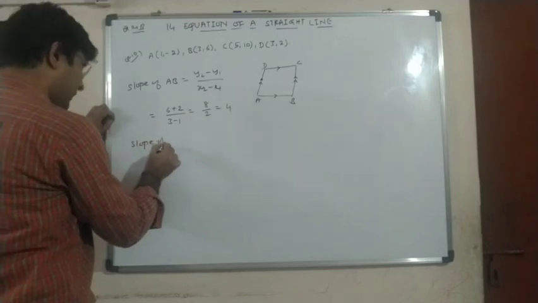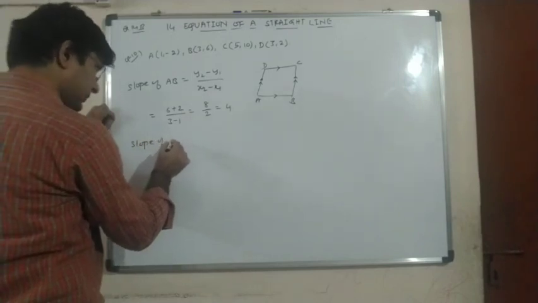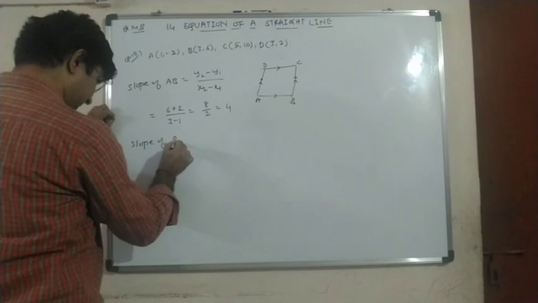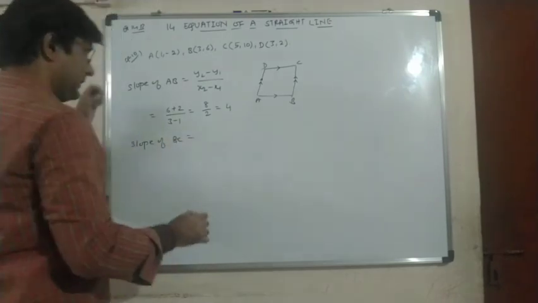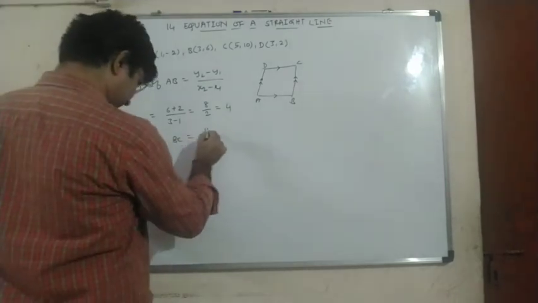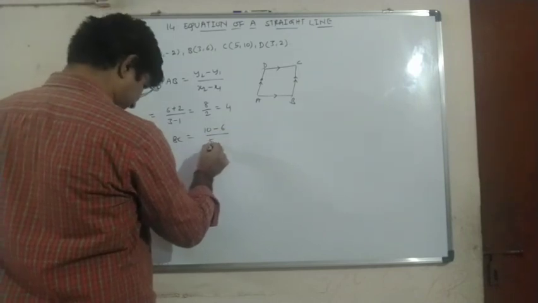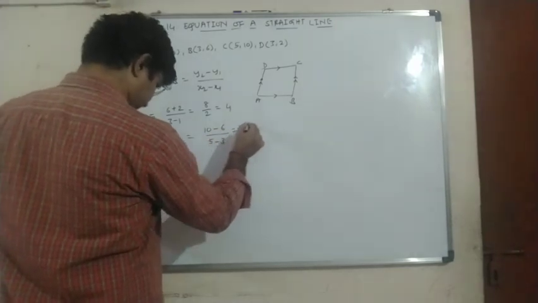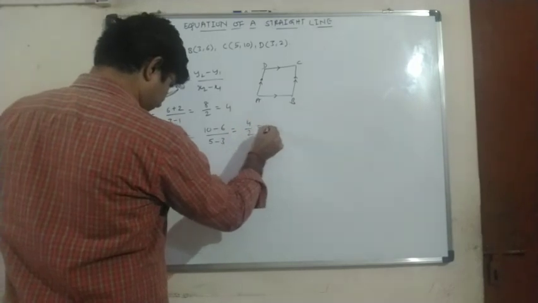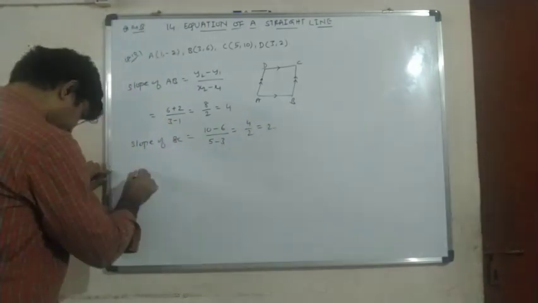Okay, slope of BC, again 10 minus 6 upon 5 minus 3, 4 by 2 is equal to 2.